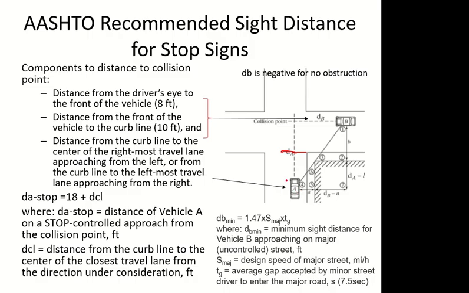Okay, and then we have the distance from the curb line to this. So this is your DCL. This one is 10 feet, and then we have this one which is 8 feet. So they are saying this is the side distance he needs.